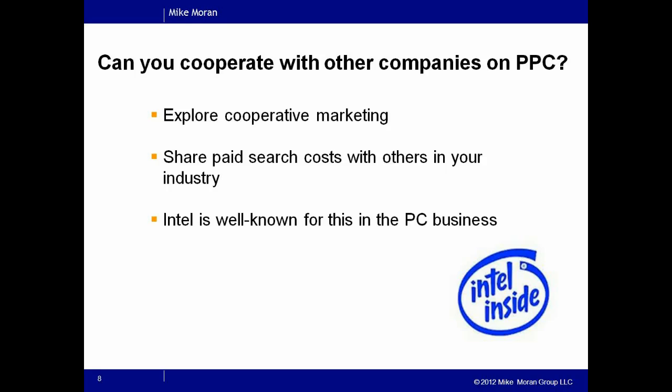And so you might not be in the PC business, but cooperative marketing can still be something that works for you. Can you ally with a company that is looking for the same customers that you are? So that you're not competitors, because that wouldn't make any sense, but you could sell a product and another company sells the service. Or you could do the Intel approach, where you work with the manufacturer of the products that you sell, and you share expenses with them.